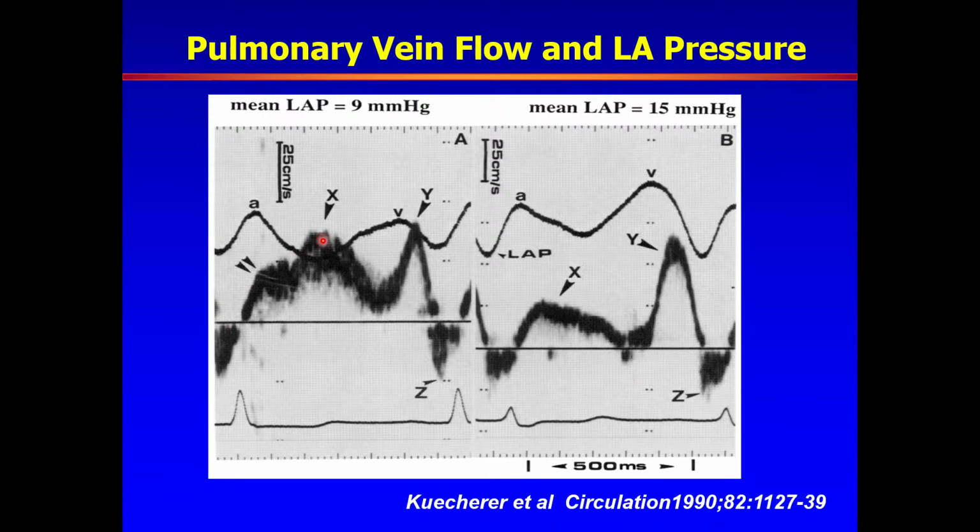You see flow from the vein into the atrium during systole and during diastole, and then with atrial contraction, it is flow from the atrium to the vein. When left atrial pressure goes up, the proportion of flow during systole goes down, and relatively the proportion of flow during diastole goes up. So a reduced flow in systole compared to diastole goes with a high left atrial pressure.